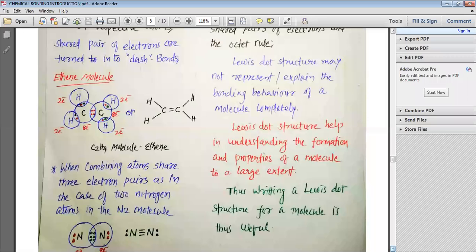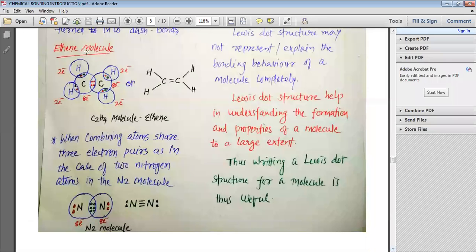One more example: let us take the example of the ethene molecule. In this molecule, we have CH2 double bond CH2, or C2H4. You can see that this carbon has 4 electrons, of which two the carbon has shared with the other carbon and one each with the hydrogens. The other carbon behaves in the same manner, and you can see that this carbon attains 8 electrons: 1, 2, 3, 4, 5, 6, 7, 8.